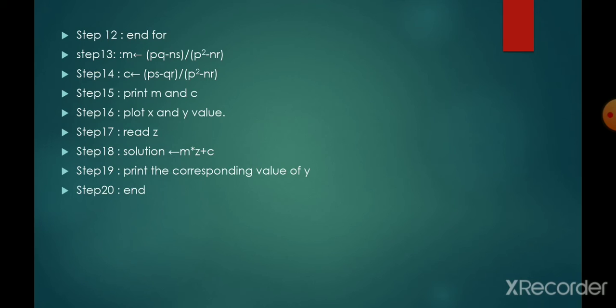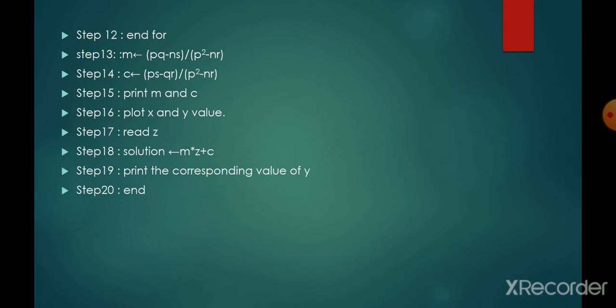In this experiment we have to find the y-intercept and slope. The equations for y-intercept and slope are given, then print m and c, and plot the x and y values. Our main aim is to determine the value of f corresponding to the value of L equal to 150 degree, 150 kilogram.